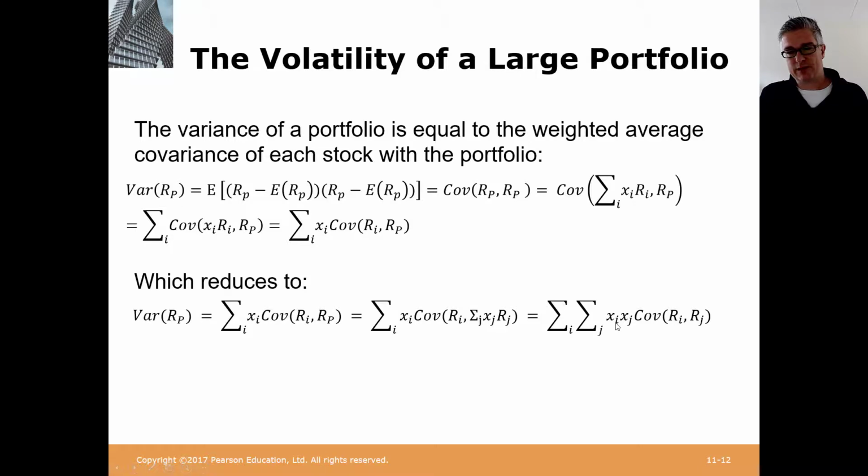So first of all, x1 squared, because we also count the covariance of Ri with itself. So x1 squared times the variance of R1 plus x1 x2 times the covariance between 1 and 2 plus x2 times x1 times the covariance of R2 and R1 plus x2 squared times the variance of R2.